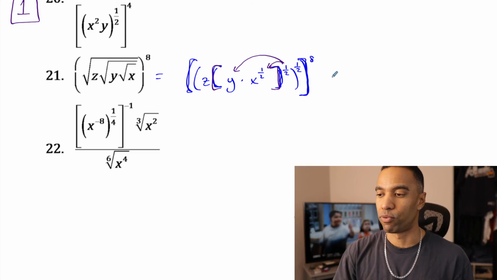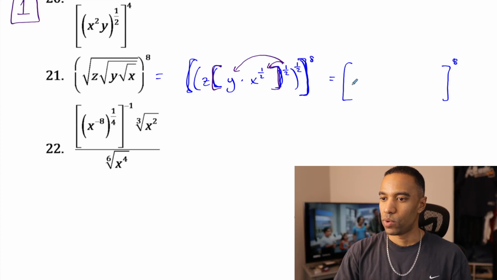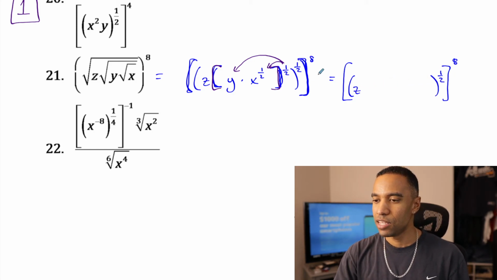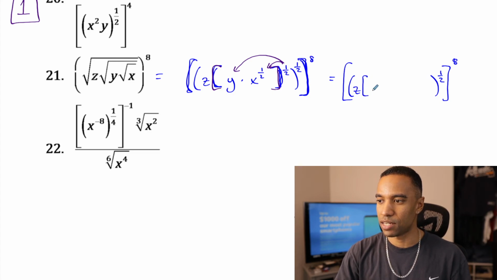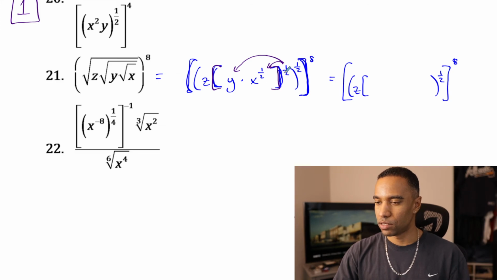Let's write that step before we progress forward. So on the outside to the 8th power, we have a z. Do I need this setup? Yeah, I do. We have the z to the 1/2, and then inside of here, that next step is y to the 1.